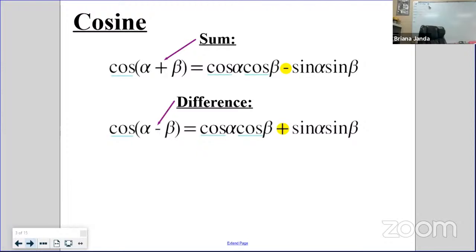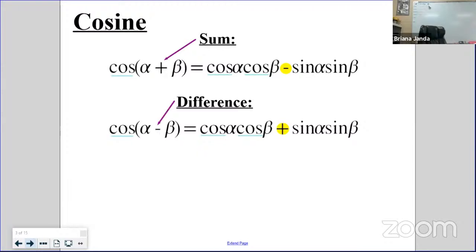If it's 2 angles added together inside of this cosine, your formula becomes cosine of whatever was written first times the cosine of whatever was given second, minus, and then the sine of each of those. Sine of the first angle, sine of the second angle.